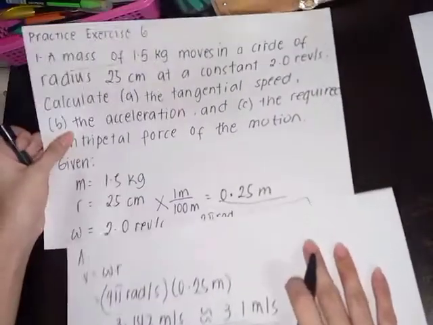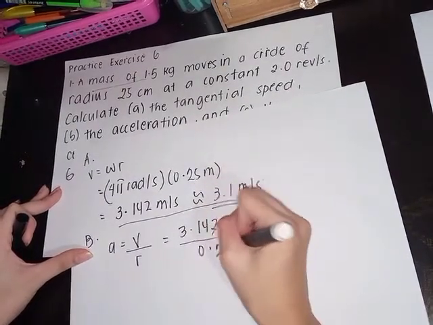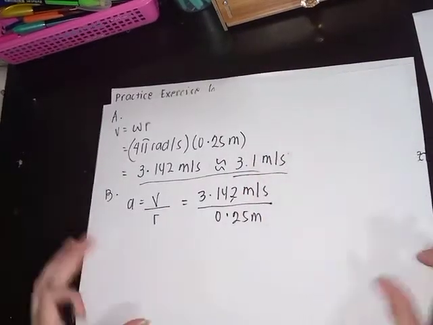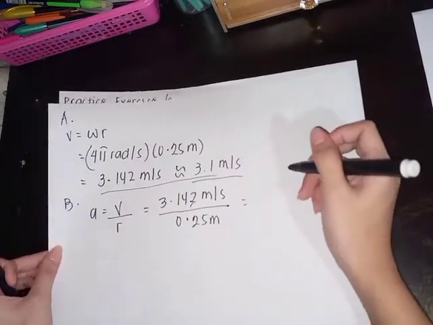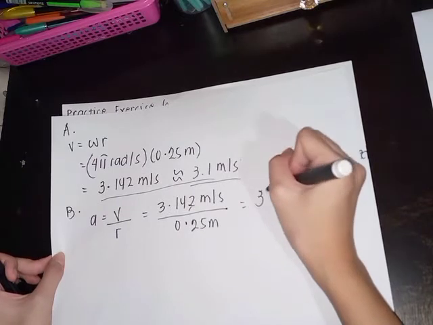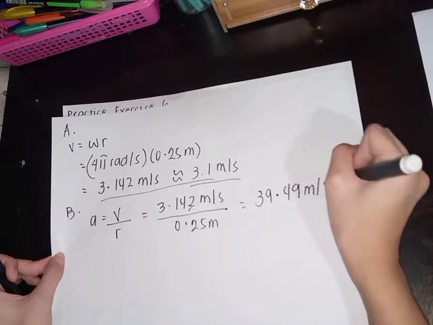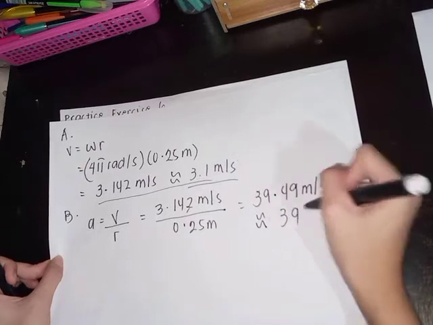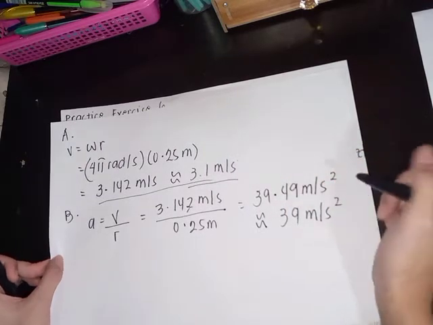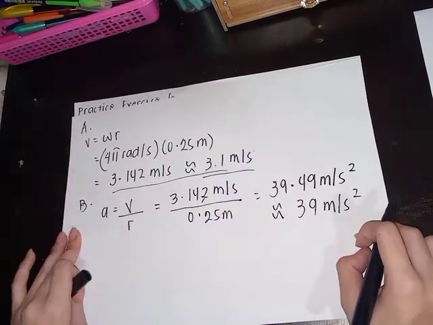We have the radius, yung radius ulit, of 0.25 meter. So 3.142 over 0.25 is 39.49 meter per second squared, or approximately 39 meter per second squared. Ayan, so meron na tayong tangential speed and then the acceleration.